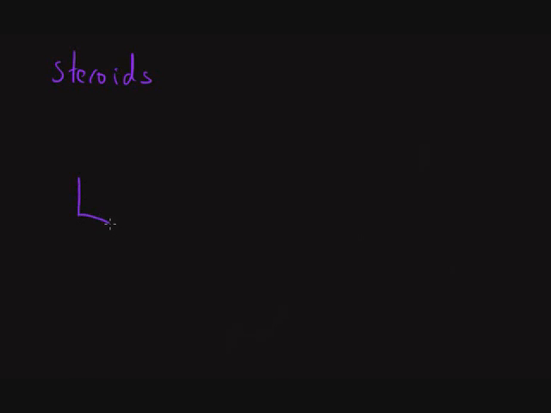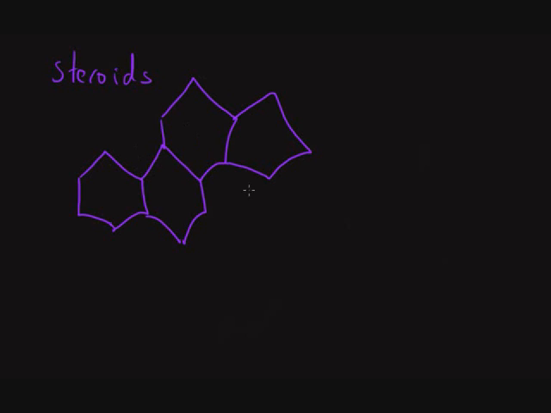The steroid core has 4 carbon rings to it. Remember, in basic biochemistry drawing, each corner of this shape is a carbon molecule, and you've got hydrogens coming off it. So it's three 6-sided carbon rings and one 5-sided carbon ring.